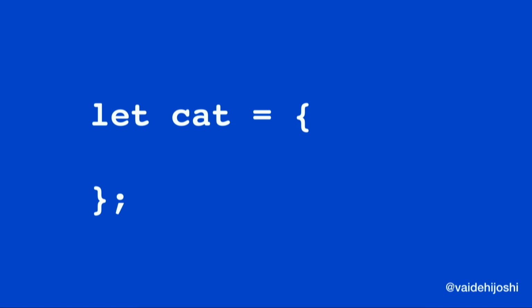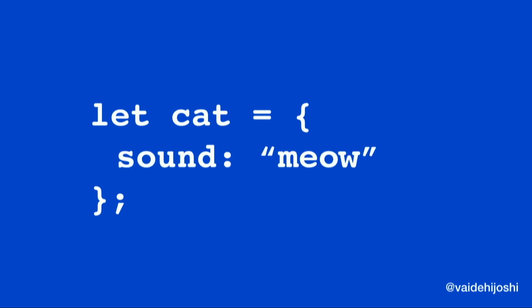JavaScript objects can be created with or without properties, but most objects will have properties set on them. So when we think about properties, we can sort of think of them as variables attached to objects. So we have our cat object, and nothing exciting is really happening right now. But if we add a property, like a sound property, and we assign it a value of meow, then things get more interesting.